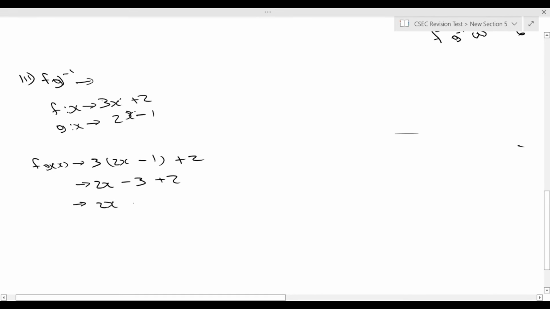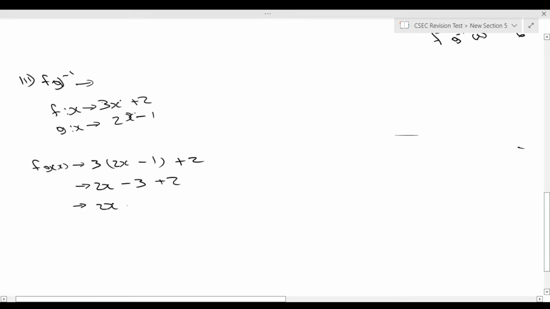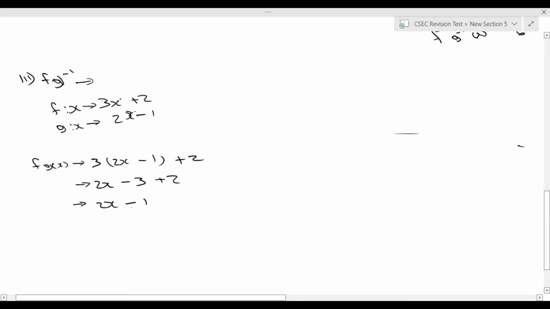And so it will be 2x minus 1. Then it asks us to find the inverse of this. So this will be our f of g.